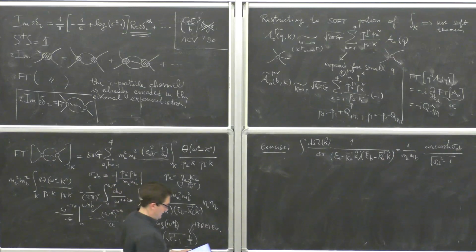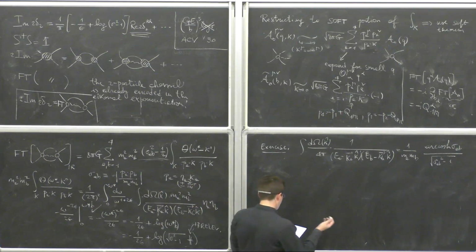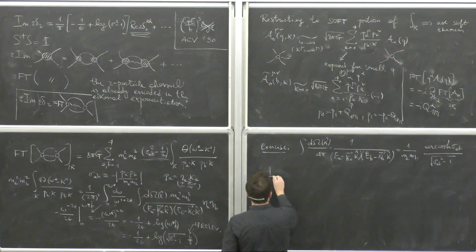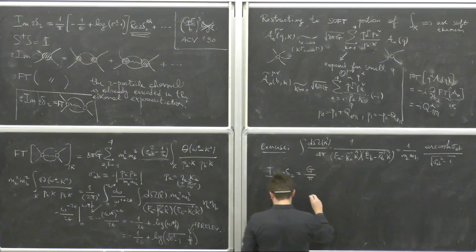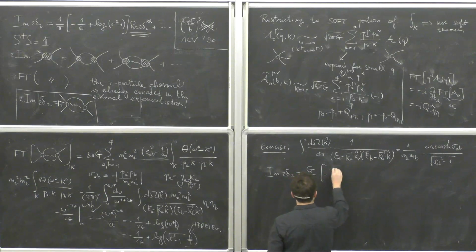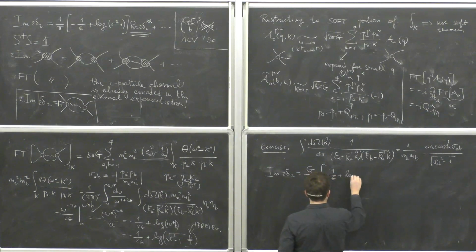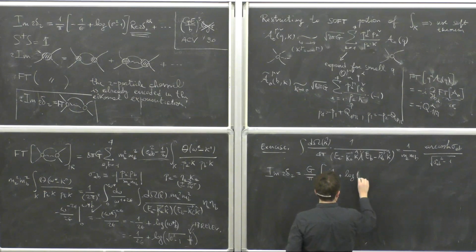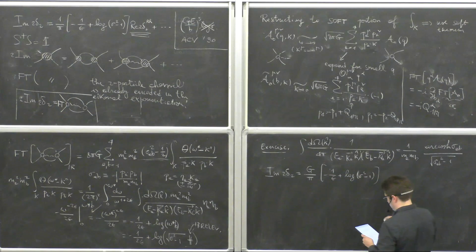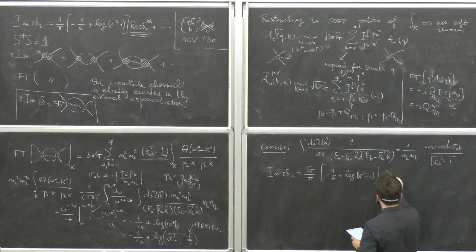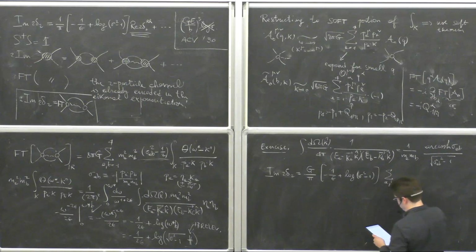Okay. So now with these two ingredients, if you want to put back together the pieces, you get a result which is the following for the imaginary part of 2 delta 2. We have a g over p times minus 1 over epsilon plus log of sigma squared minus 1, and then the sum over all these functions.